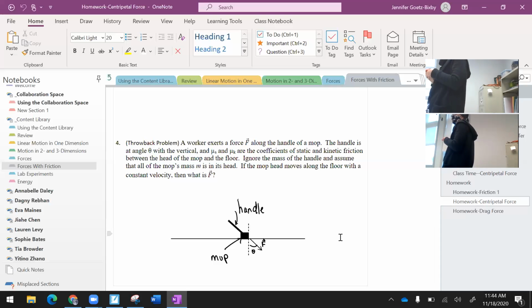Drag force reaches a point where it's as big as the gravitational pull. So now those two forces are the same. If those two forces are the same, then the acceleration is zero. If the acceleration is zero, the velocity can't get any bigger. If the velocity can't get any bigger, the drag force can't get any bigger. So that's why it's terminal velocity. It's the final velocity, the end velocity. Okay, that makes sense.